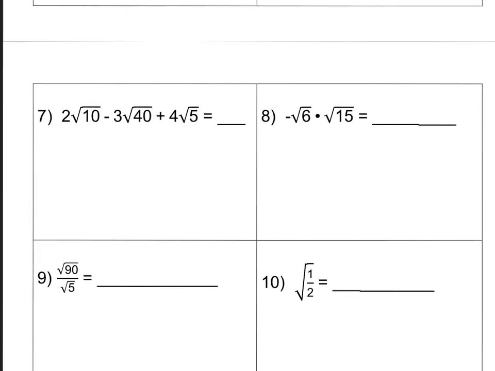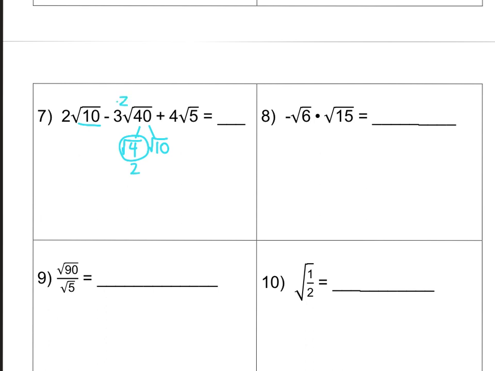So remember on number 7, we may be able to simplify some of these. We can't simplify the square root of 10. So let's see if we could simplify 40. Well, we could break that down into the square root of 4 times the square root of 10, knowing that the square root of 4 is 2.